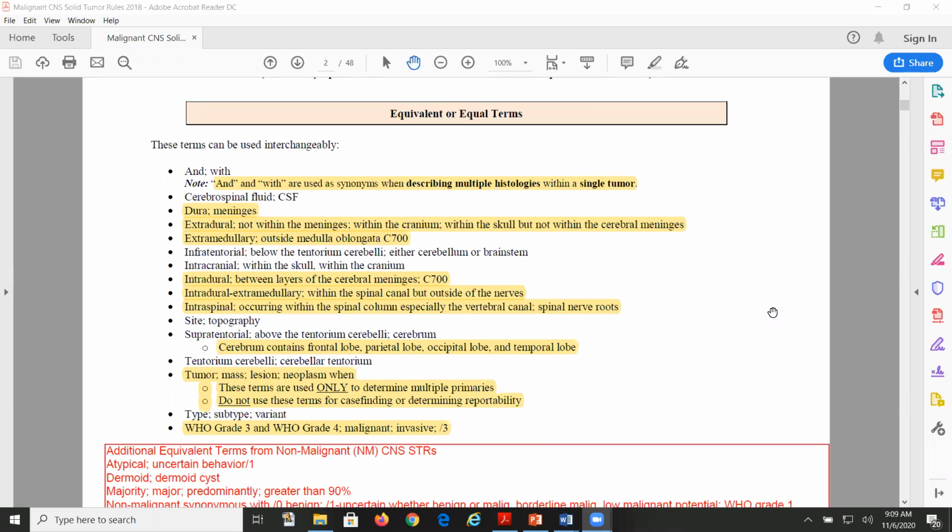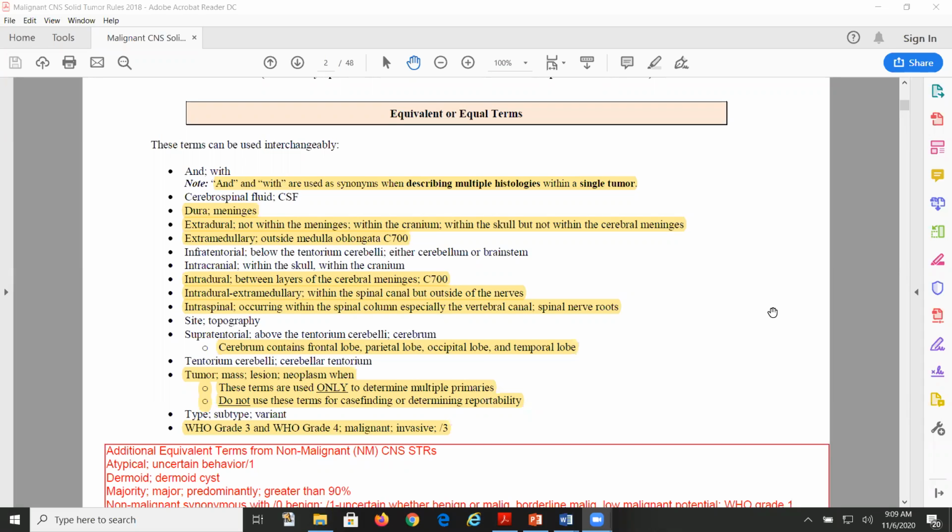Extramedullary is outside the medulla oblongata. Intradural is between layers of the cerebral meninges. Intradural extramedullary is within the spinal canal, but outside of the nerves. Intraspinal is occurring within the spinal column, especially the vertebral canal and the spinal nerve roots.